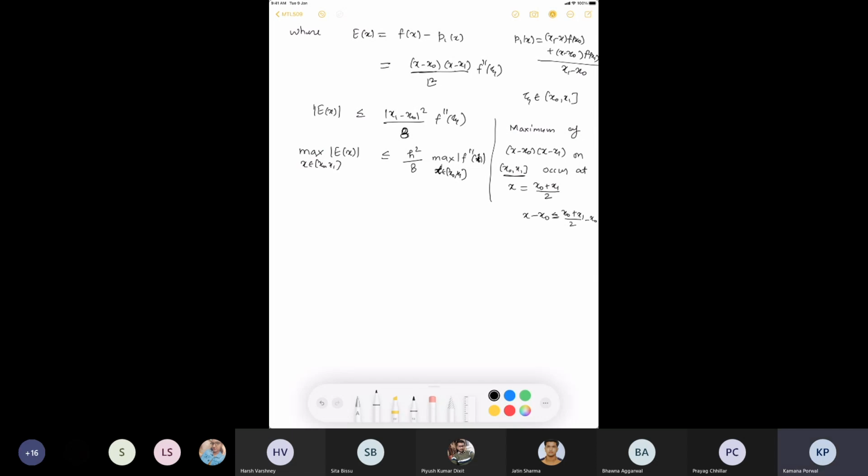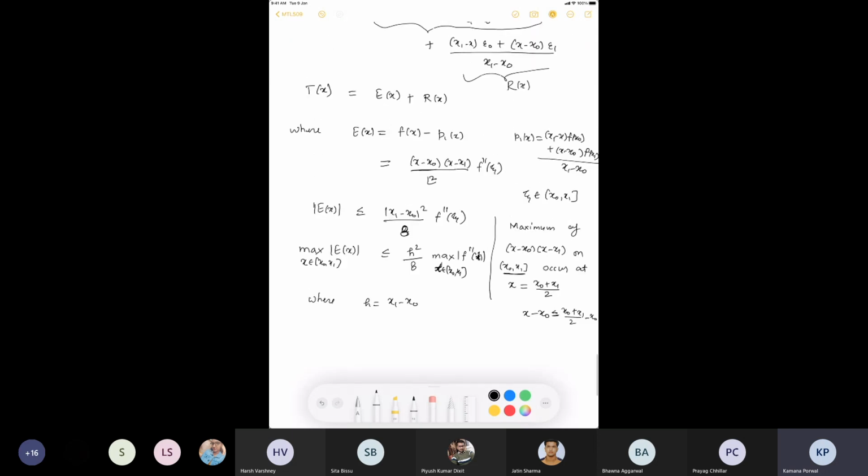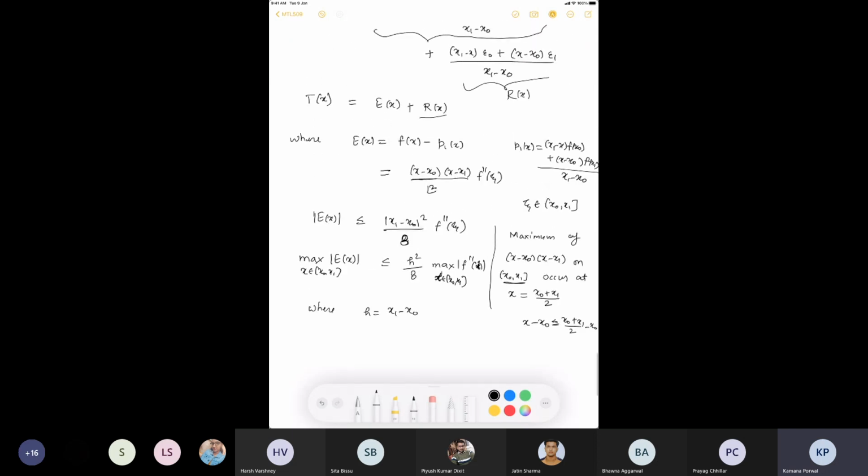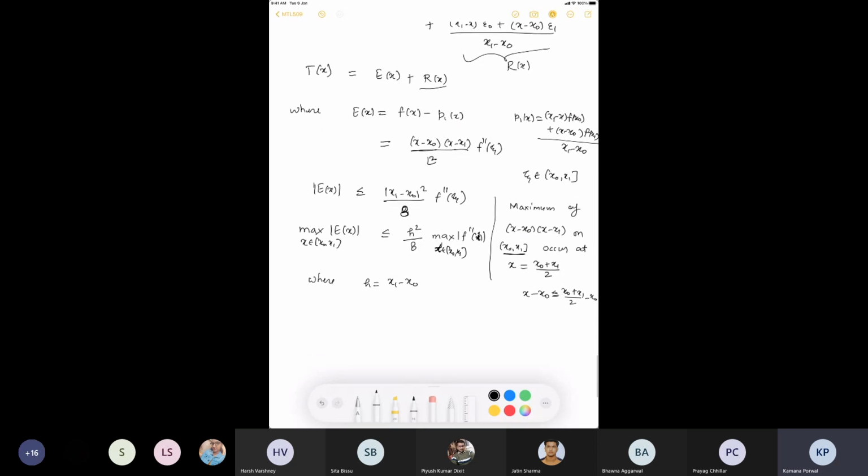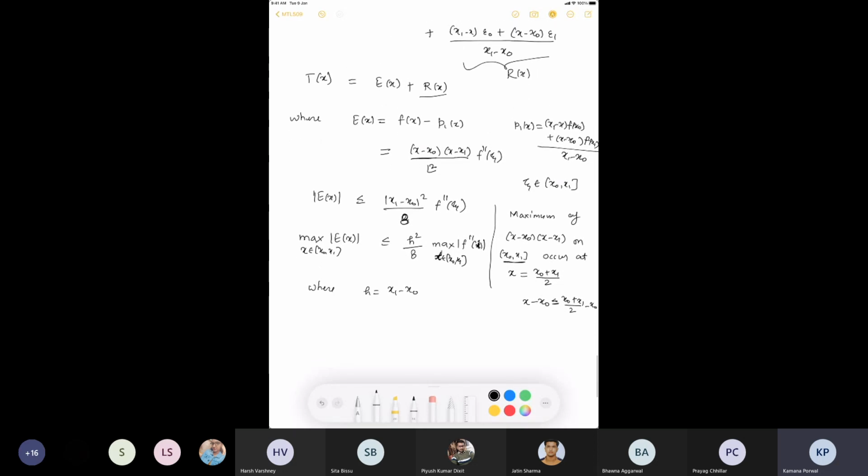So is it okay so far? This is the upper bound of the Ex, right? Now what is the other term we have here? We have Rx, another term, which we have to see what is happening with. So what is Rx?